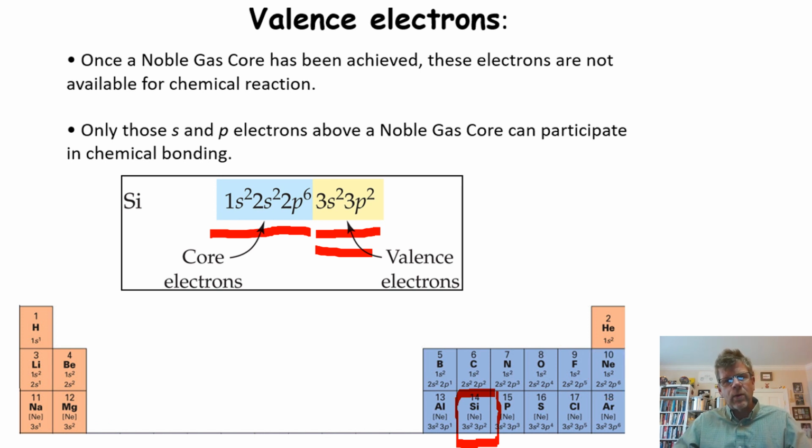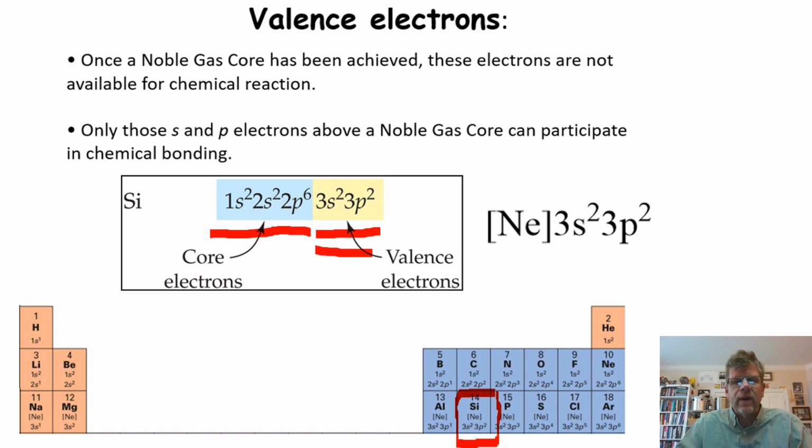So how do we tell what our valence electrons are? Well, first of all, we could write our electron configuration out using our noble gas core terminology with neon in brackets here, and then the currently open energy level. Those 4 electrons, 1, 2, 3, 4, are our valence electrons.